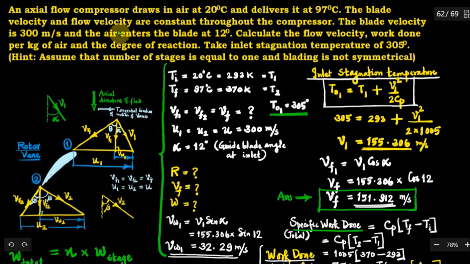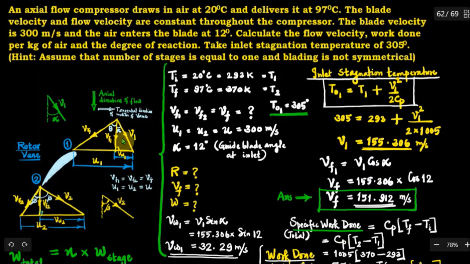See the angle here given, the air enters the blade at 12 degrees. So which angle is that? This is the inclination of the absolute velocity of air with the reference direction, which is the axial direction. So that means that is the guide blade angle at inlet. So inclination of V1 with the axial direction is given as 12 degrees.